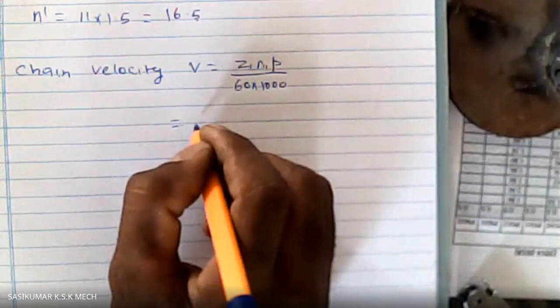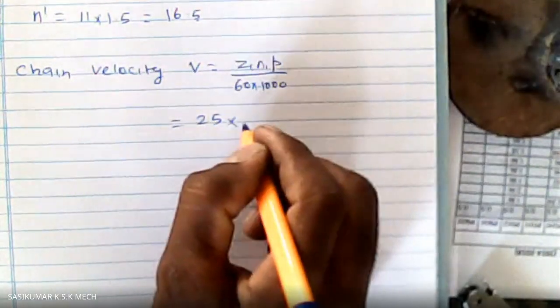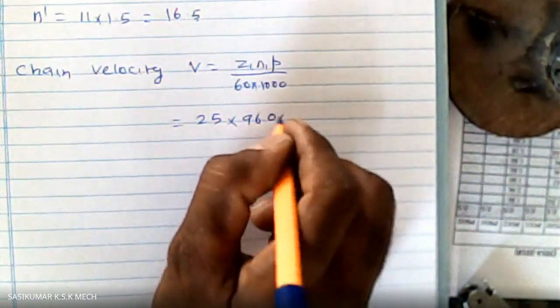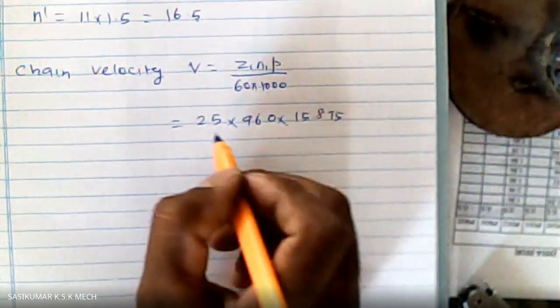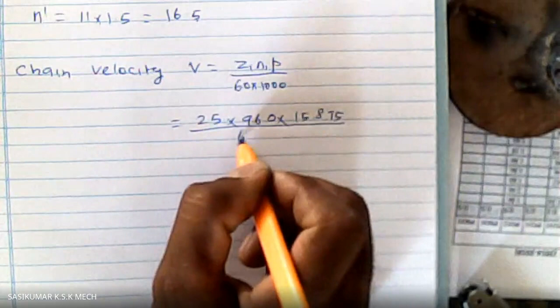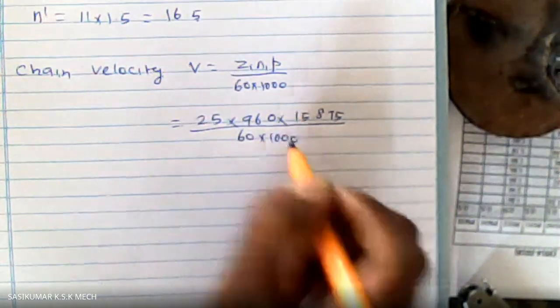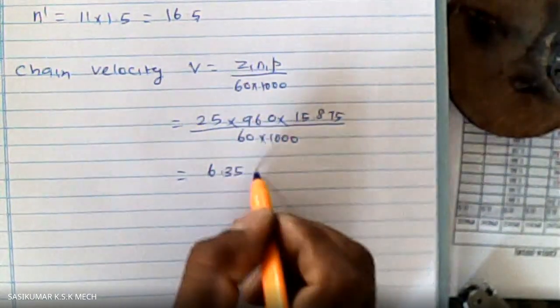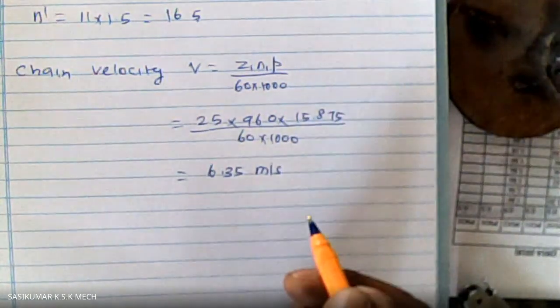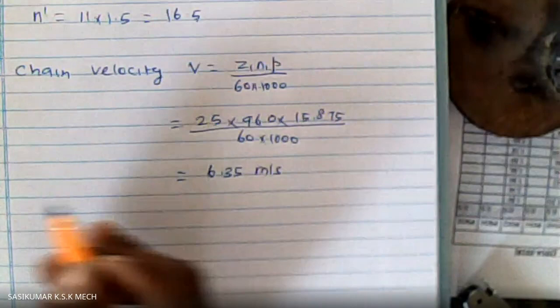So here 25 into 960 into 15.875 divided by 60 into 1000. So it is 6.35 meter per second.